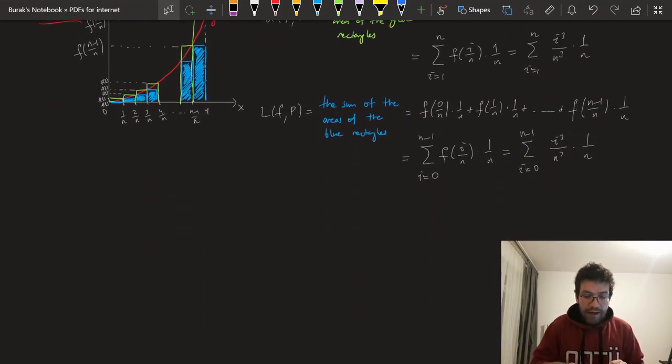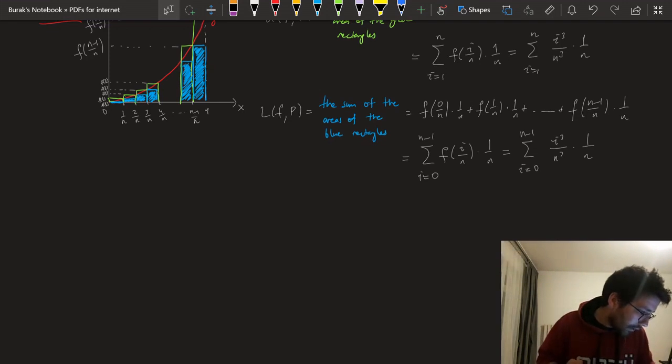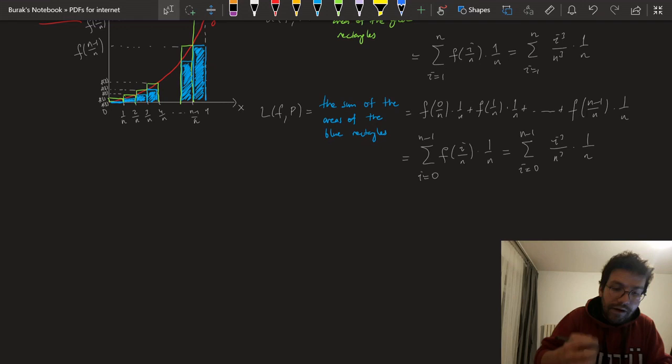Which would basically, as I said, create the same effect as taking limits. So here's what I'm going to do. I'm going to define the notion of refinement of a partition.